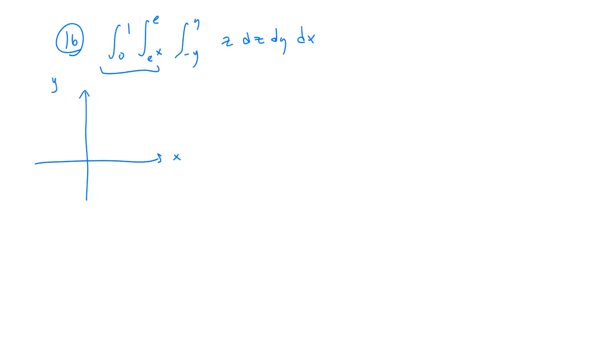And we do kind of the same thing that you would have done on a quiz, which you graph everything. So you have y equals e to the x, which is there. We have y equals e. And from 0 to 1, and notice this is 1, e, this is the region that we're integrating over.